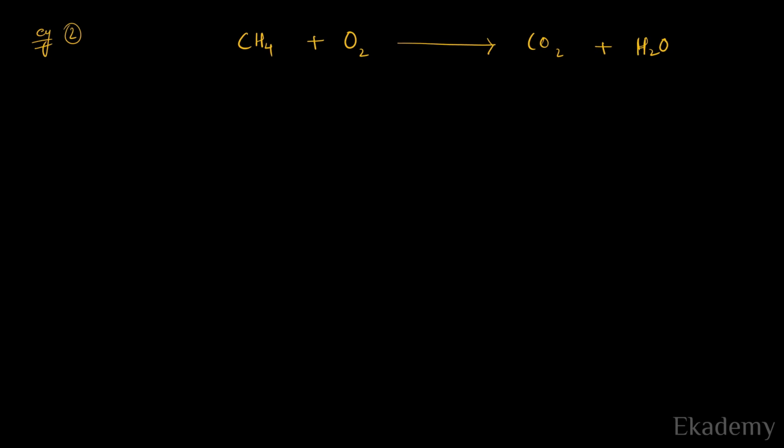Now the first rule is that we should not change the subscripts. To avoid that from happening, just put boxes, and we are not going to touch any number which is enclosed in these boxes. Now find the compound which has the maximum number of atoms.